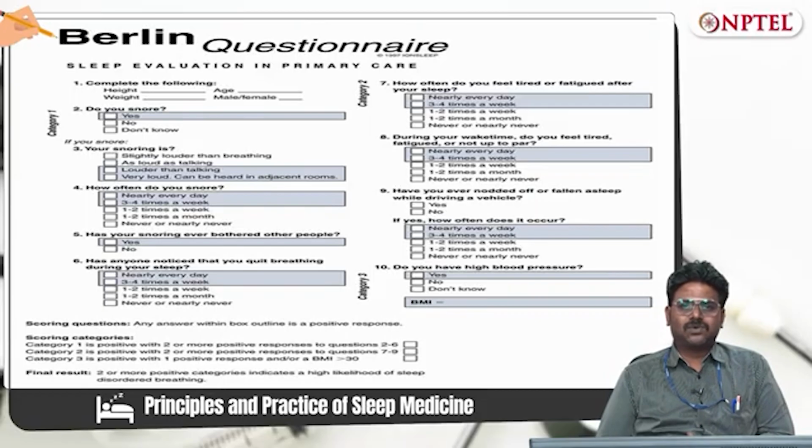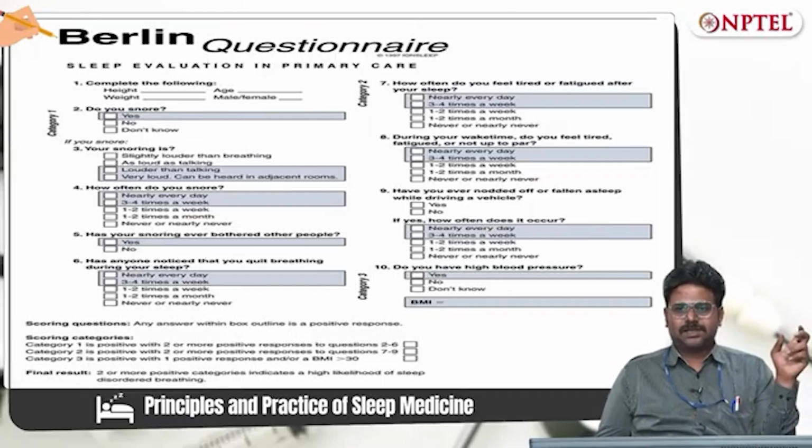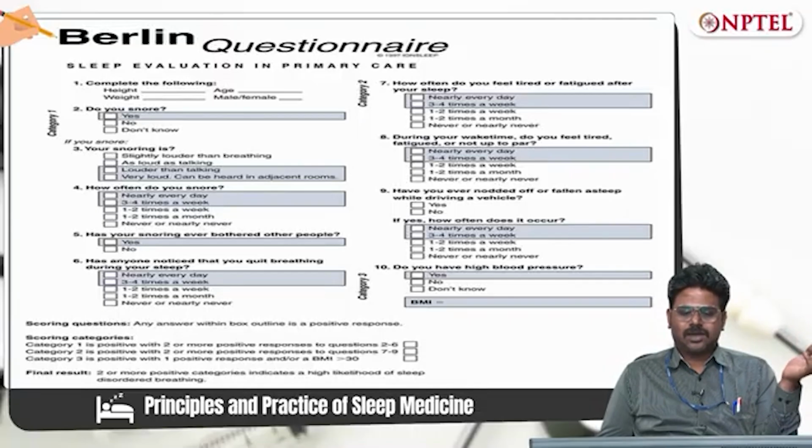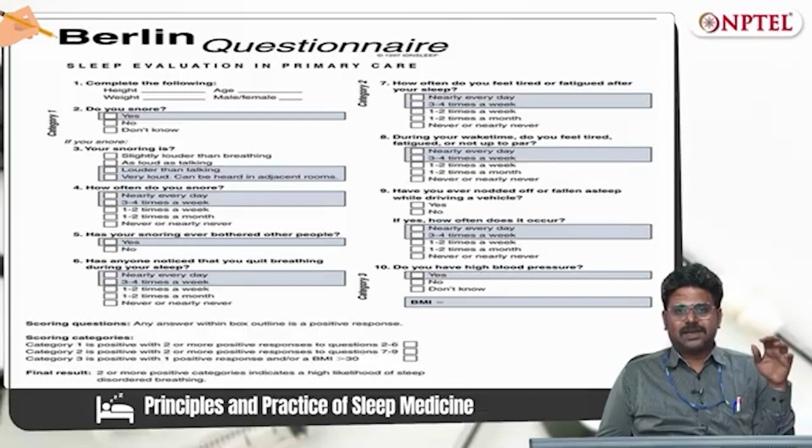Category 1 includes 4 questions regarding snoring, category 2 is regarding the patient's fatigue and sleepiness, and category 3 is about blood pressure. Category 1 includes how loud the patient's snoring is, how often the patient is snoring, whether it bothers other people, and whether anyone has noticed the patient having breathlessness during sleep.